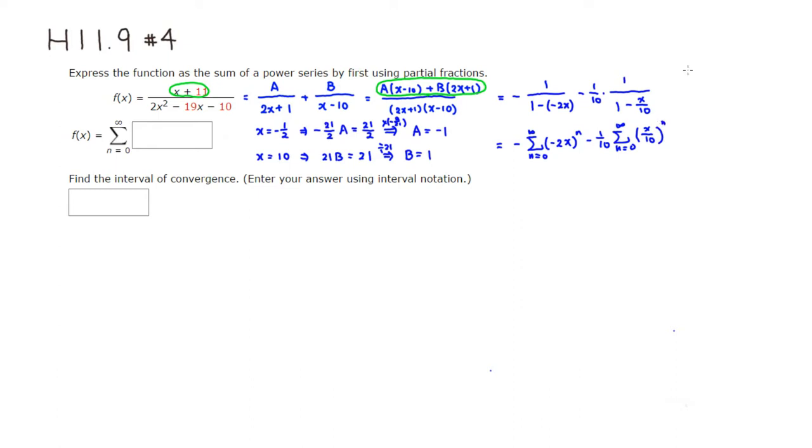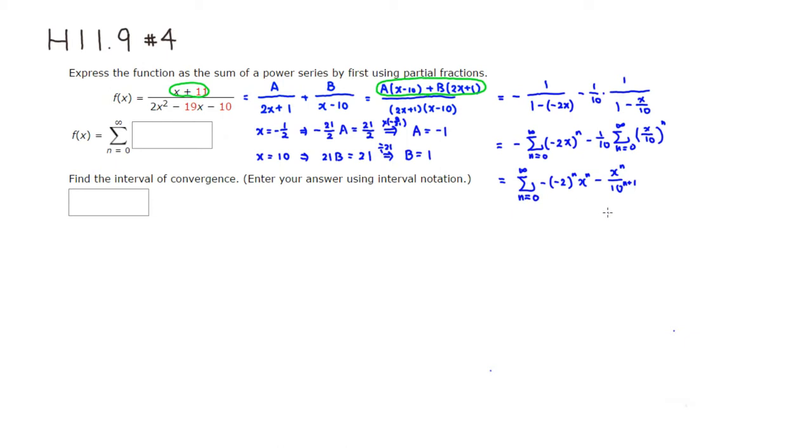So let's simplify this and write it as a single summation from 0 to infinity. You're going to have negative 2 to the n, then x to the n, minus x to the n over 10 to the n plus 1.